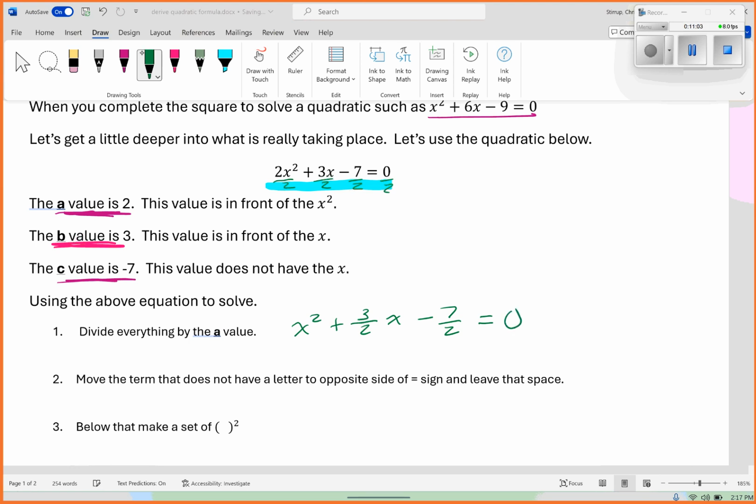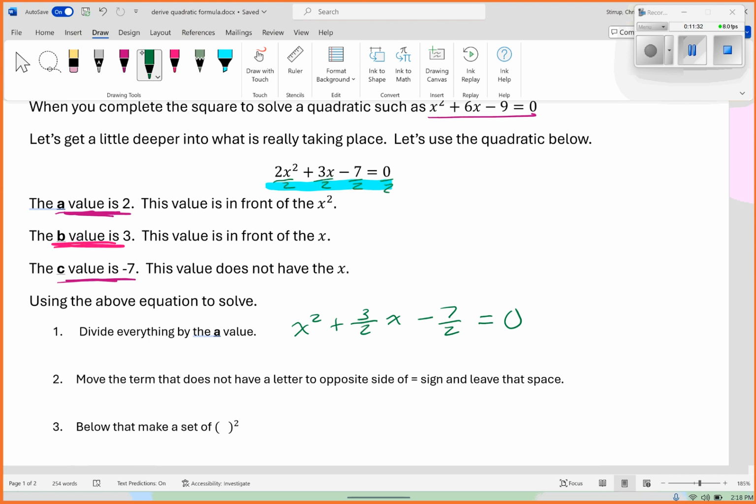Yeah, that's exactly right. Please stop me if something went goofy. I wanted this to be an x squared, not 2x squared, so I divided everything by 2. 2 divided by 2 becomes 1x squared, and I don't have to write that. 3 over 2x minus 7 over 2.